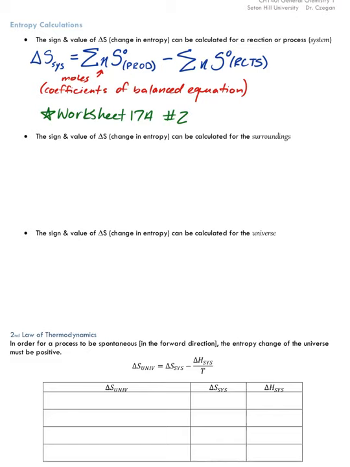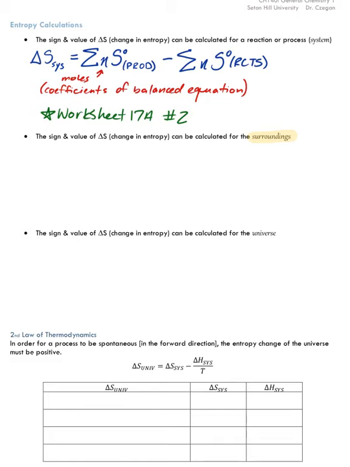We can also calculate the sign and value for the change in entropy of the surroundings. So we learned when we learned about thermochemistry that you have your reaction and your process, and that's considered the system. And then everything else around it is the surroundings.